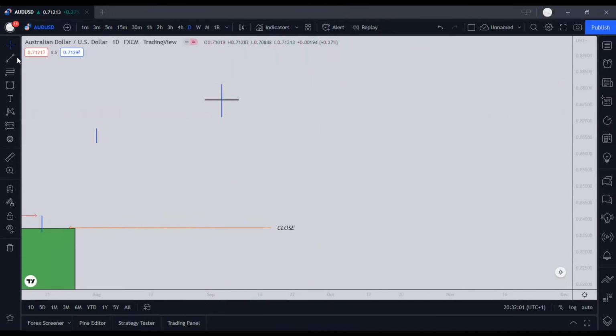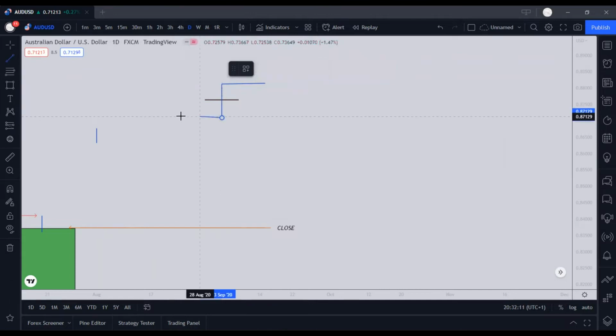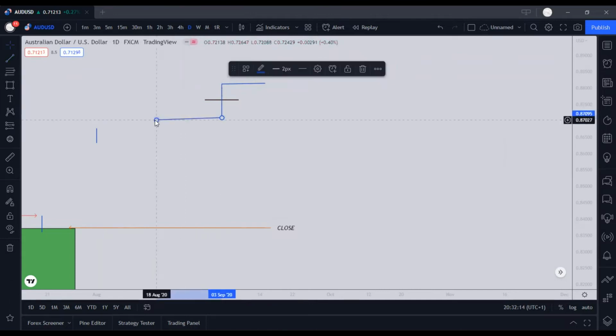We have the high here, and the low is here. Then there is nobody, no body at all.